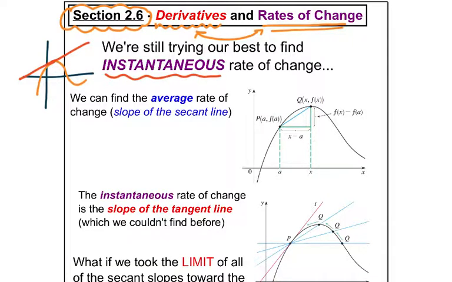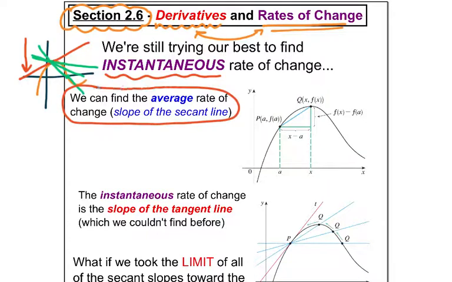And so what we did is we took that point and we kind of cheated by moving another point over there and making a secant slope and moving that point closer and closer, and trying to find all these average velocities in the hopes of getting closer to the instantaneous velocity or instantaneous rate of change. So that's still our goal. We're still looking for that. And the way we did it is by taking all the slopes of the secant lines, which was finding the average.